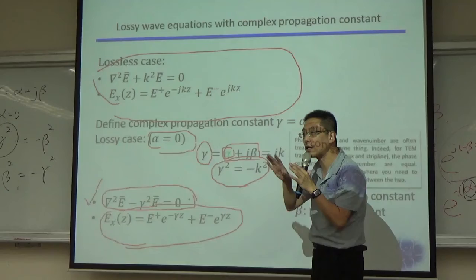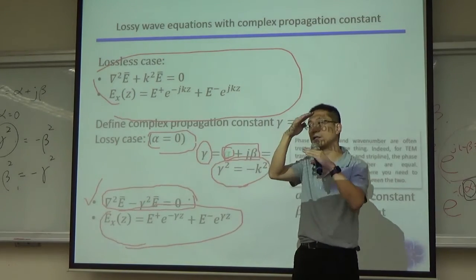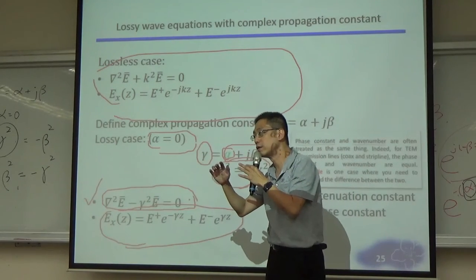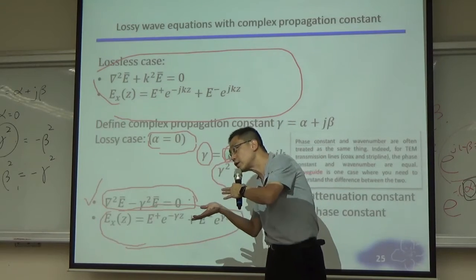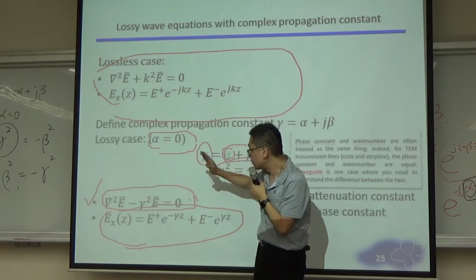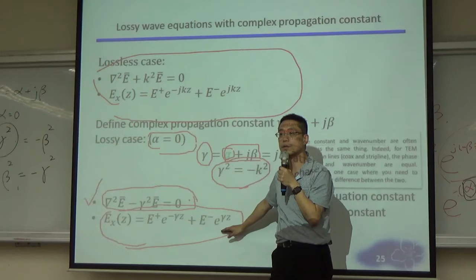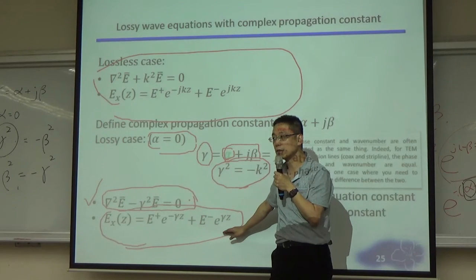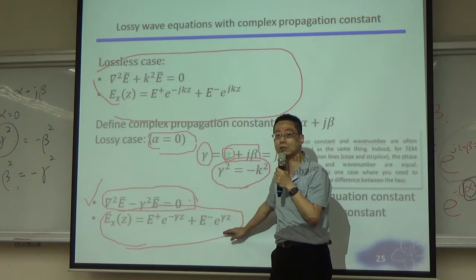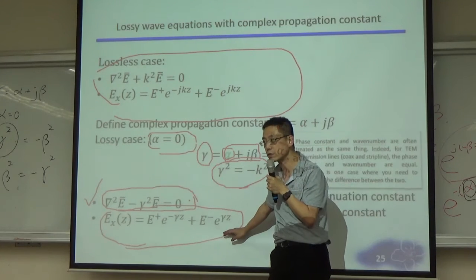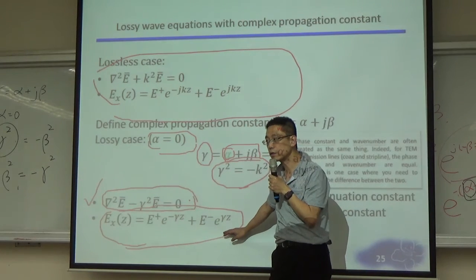You consider not only beta, but also the attenuation. So you will use these two equations with loss. This is more accurate if you consider loss. Any question?